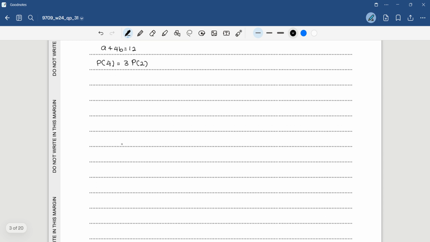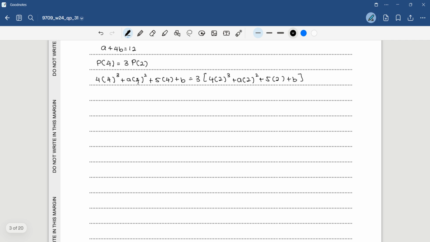So P4 will be 4 times 4 cubed plus a times 4 squared plus 5 times 4 plus b, which is equivalent to 3 times P2. P2 is going to be 4 times 2 cubed plus a times 2 squared plus 5 times 2 plus b.